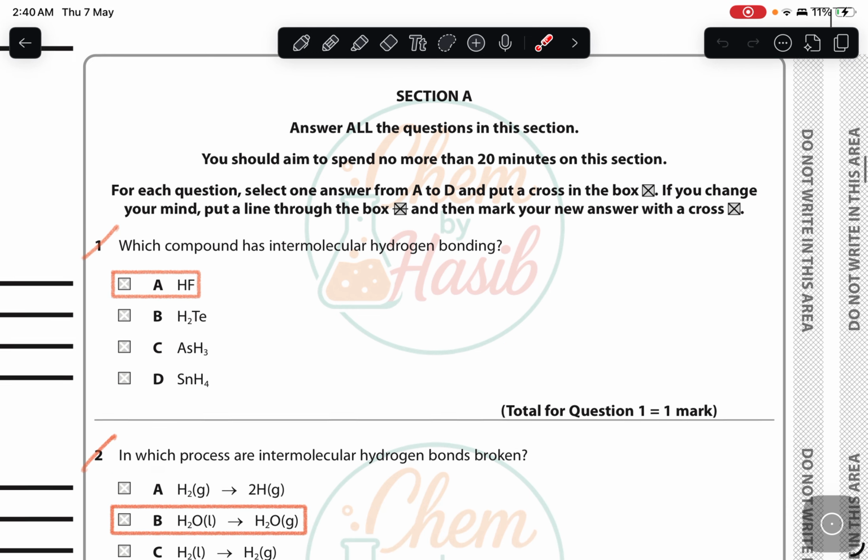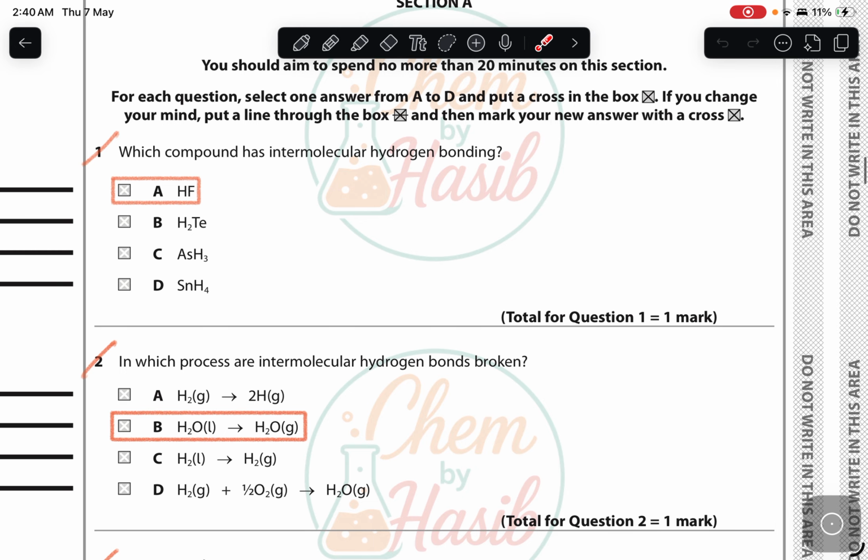Move to question number 2. It says, in which process are intermolecular hydrogen bonds broken? Hydrogen bonds are involved, as I told you before, only in molecules that have OH, HF, or NH, right?